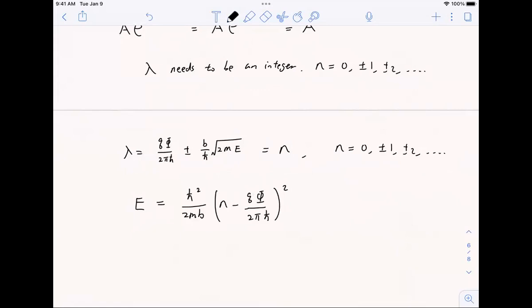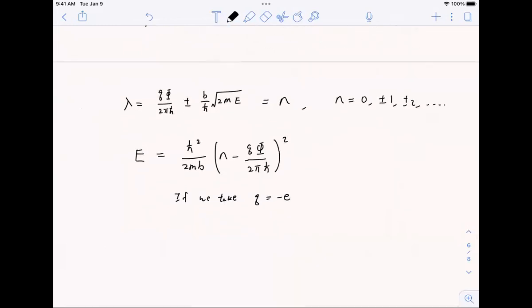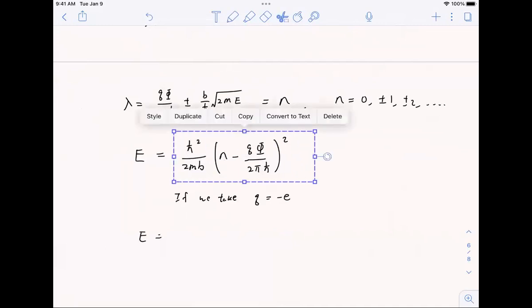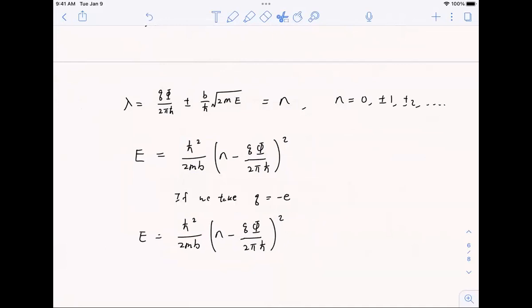If we take q equal to negative e, then it just becomes plus e.